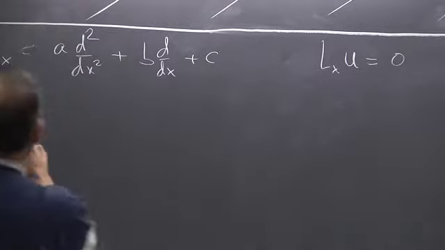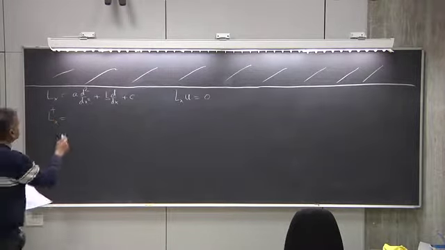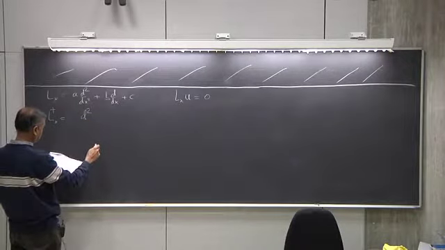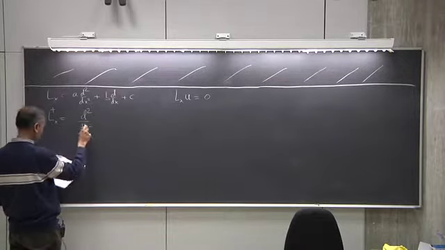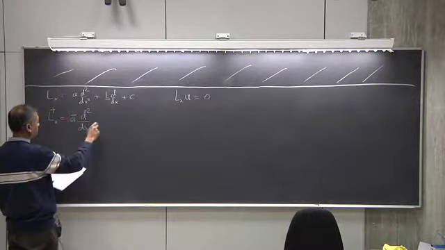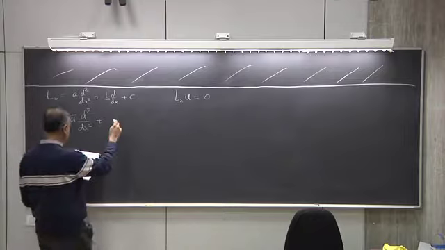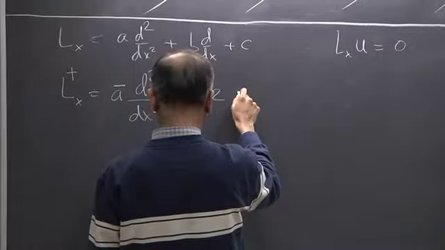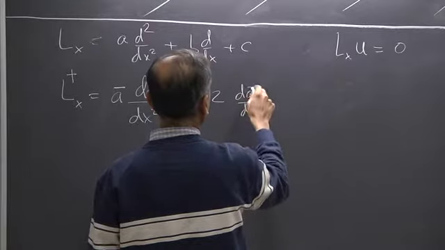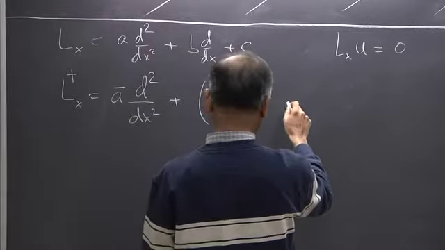Then we said, okay, and L dagger x was, if I remember correctly, yesterday we had obtained this expression. I think it was d²/dx² a bar plus, do you remember that expression? There was a factor of 2, I think, right? 2 d(a bar w)/dx, 1 over w, minus b bar.